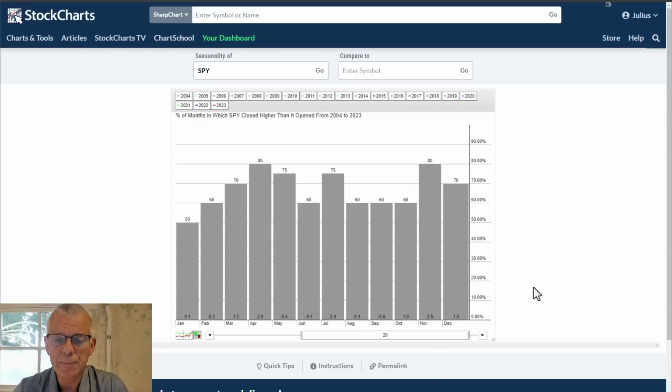As we are approaching the end of the month of July, I'm going to take a quick look at seasonality. Here's the seasonality for SPY over the last 20 years. You may notice that I'm ticking this bar one tick back. That means that we're now getting all the figures here up to completed 2023.